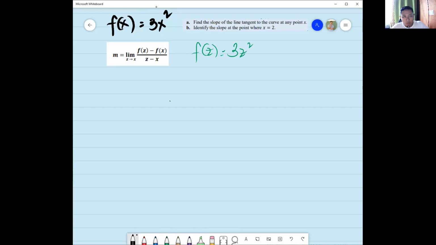So we now have m equal to the limit, as z approaches x, of, this time substituting all these values, f of z, which is 3z squared, minus our f of x, which is 3x squared.